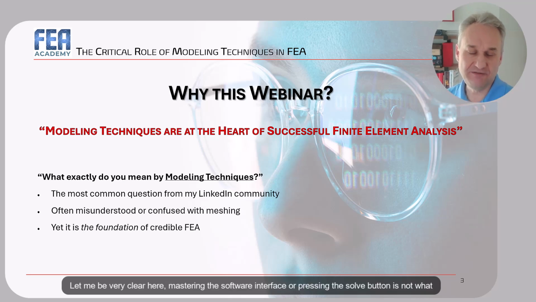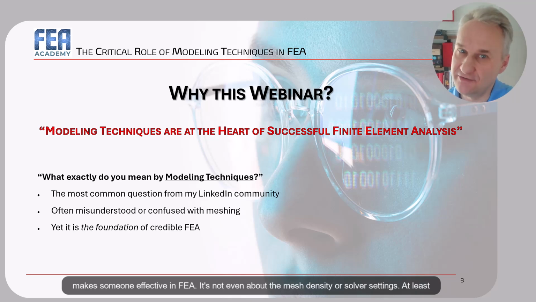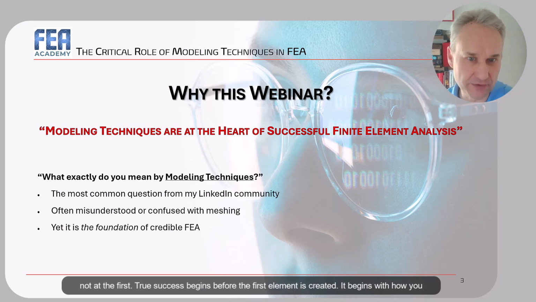Let me be very clear here. Mastering the software interface or pressing the solve button is not what makes someone effective in FEA. It's not even about the mesh density or solver settings, at least not at first. True success begins before the first element is created.